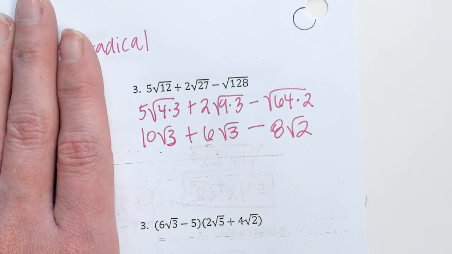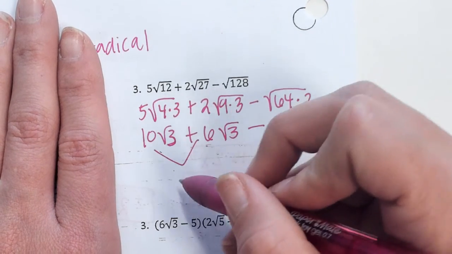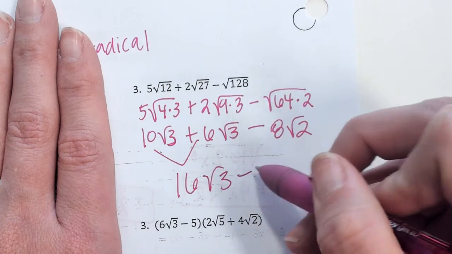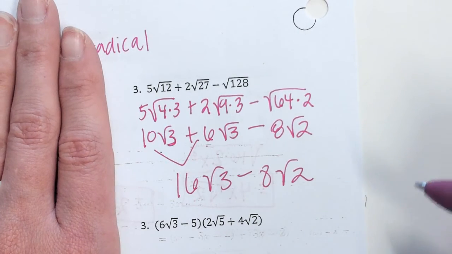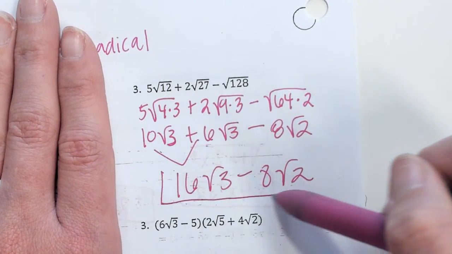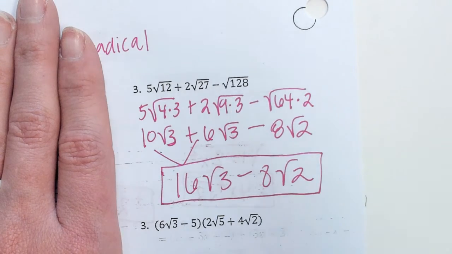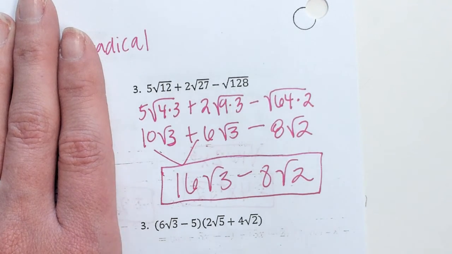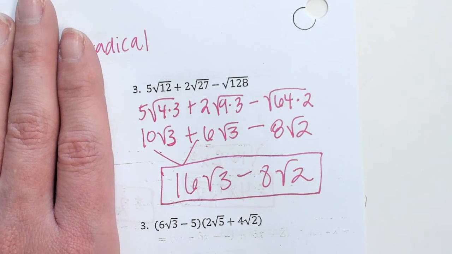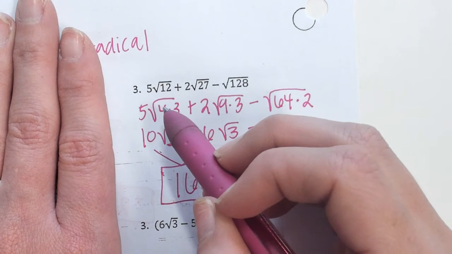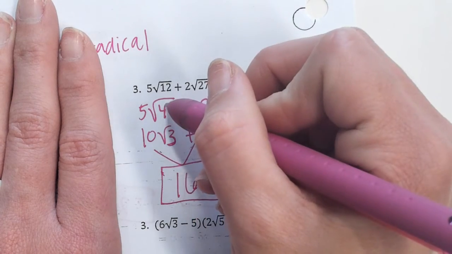Alright, so which two can we combine? Yes, so that would make what? Can I combine these two? Because they have what? Different numbers underneath them. Very good. Questions? Easy? Yes, go ahead. Square root of 4 is going to be what? 2.